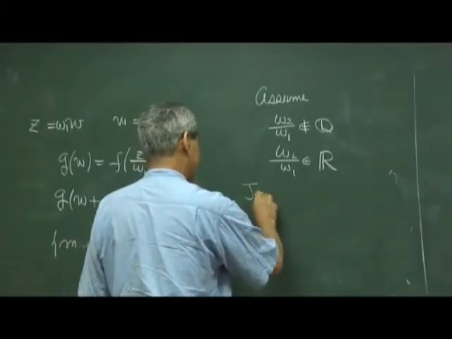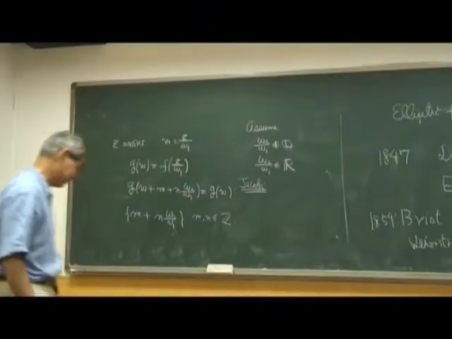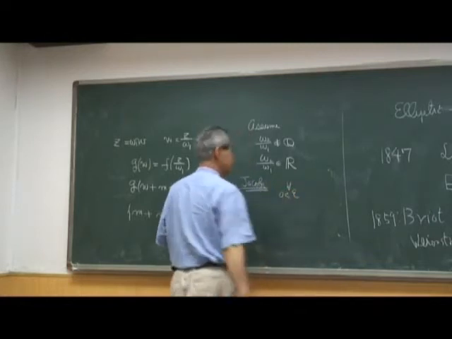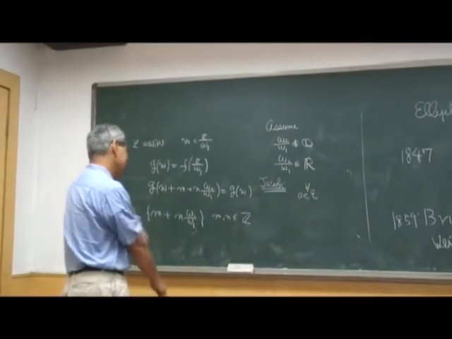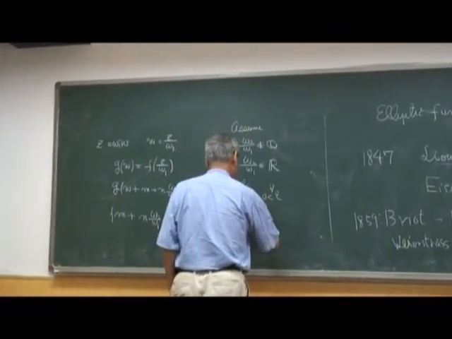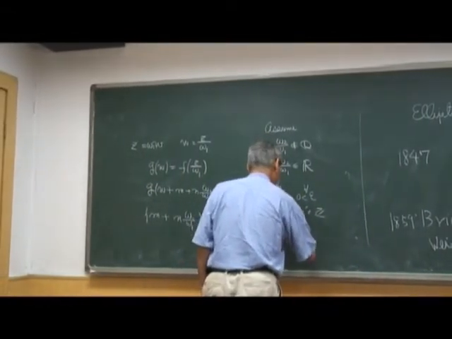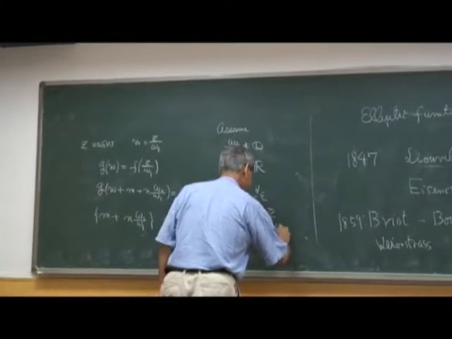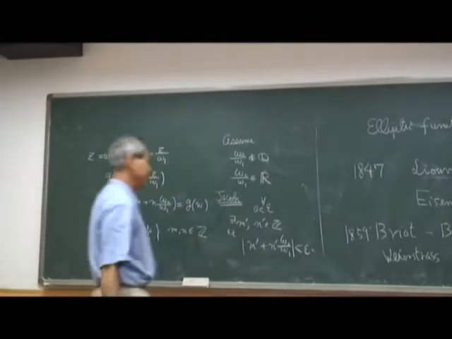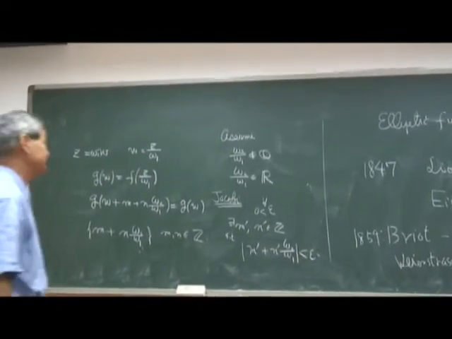Probably, for any positive epsilon, smaller one is better, you can find m prime and n prime integers such that the absolute value of m prime plus n prime omega 2 over omega 1 is less than epsilon.